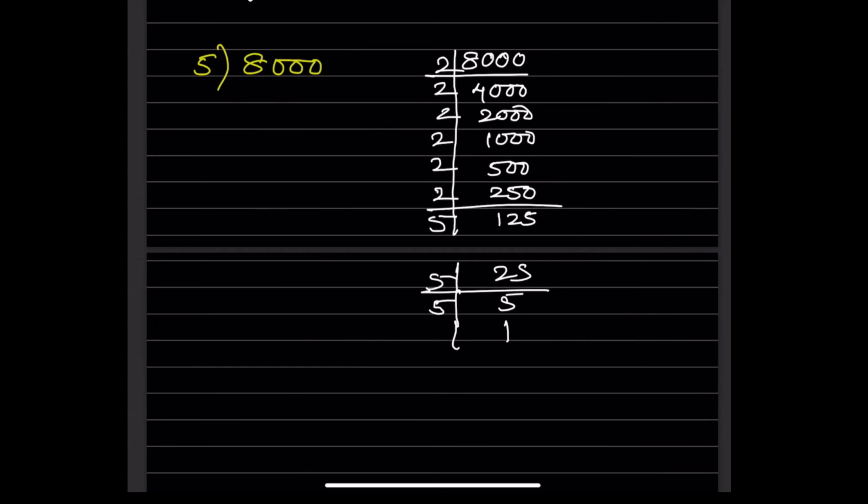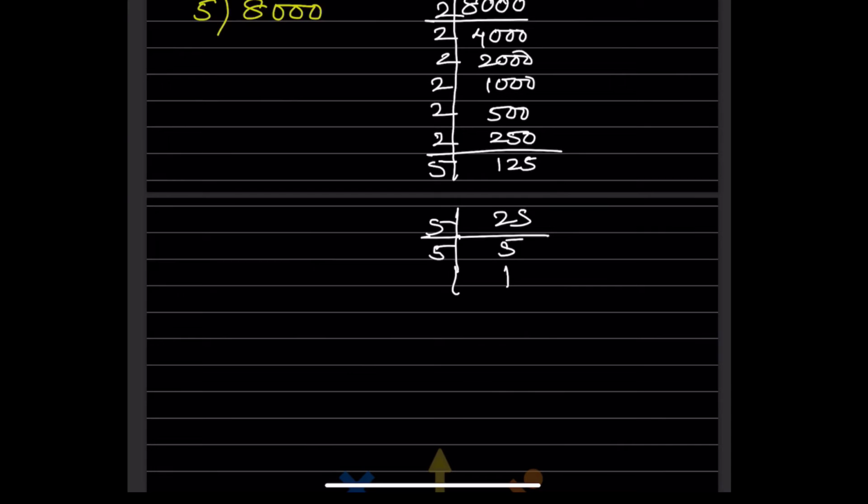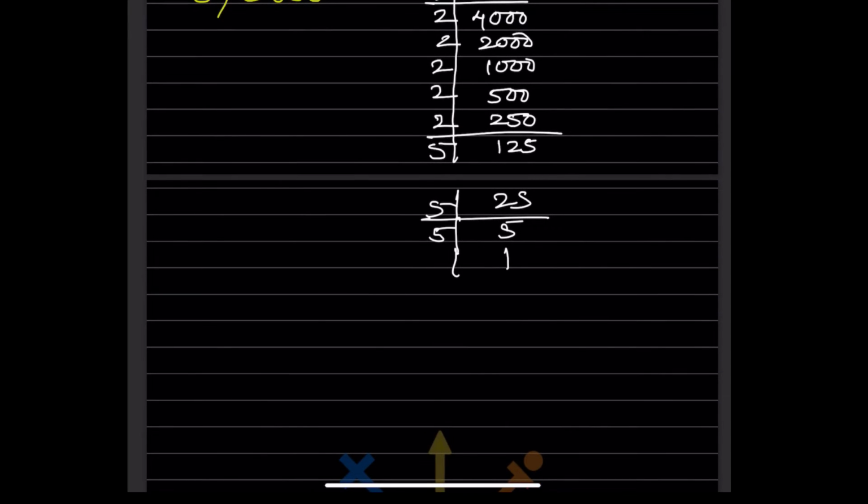How many 2s do we have? This is one group, we have 3 twos, here again 3 twos, and here 3 fives. So all of them have 3 equal factors. Therefore it is a perfect cube.